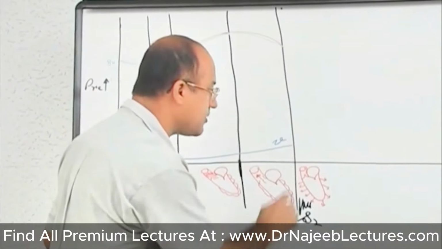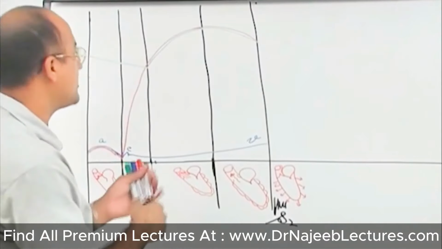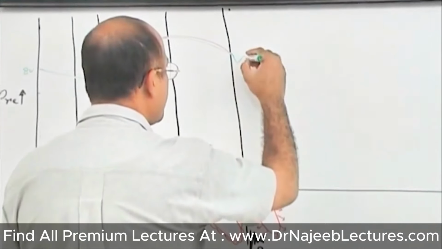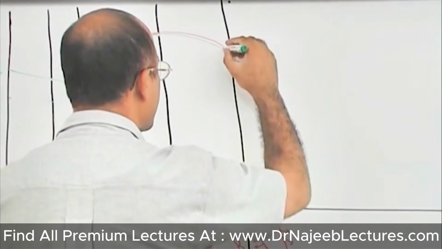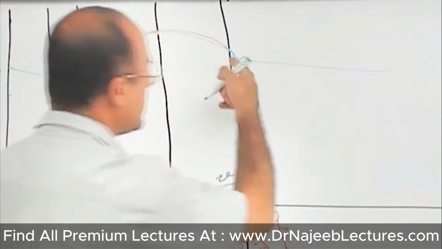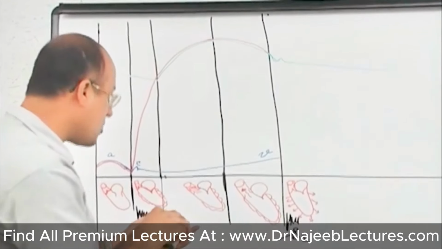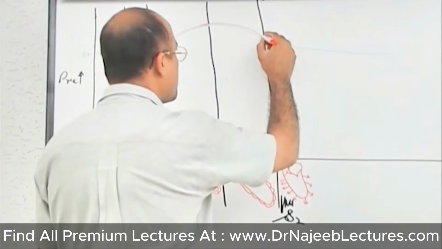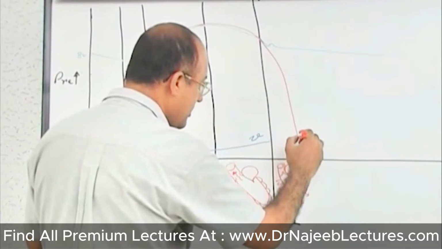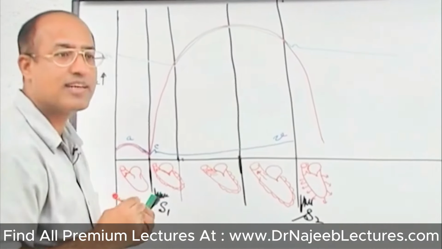That is due to closure of the aortic valve, and the pressure in the aorta gets a little jerk. It becomes independent of ventricular pressure, and now ventricular pressure will progressively fall. Isovolumetric relaxation.